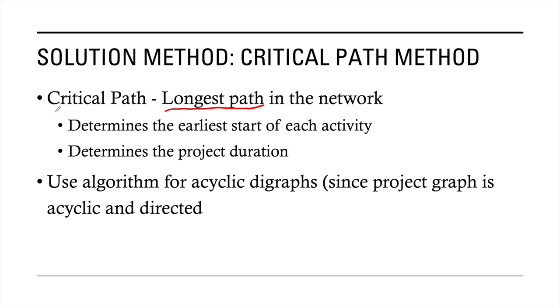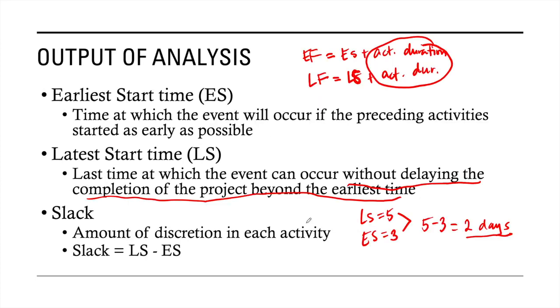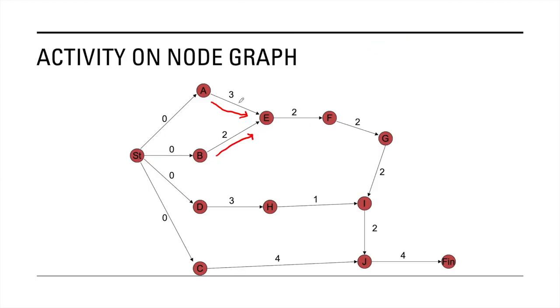I will tell you later why specifically this is called the critical path. Now, I will leave it up to you to use the algorithm for an acyclic digraph. Revise the rule: instead of looking for the shortest path, look for the longest path and apply that solution algorithm to this network graph.